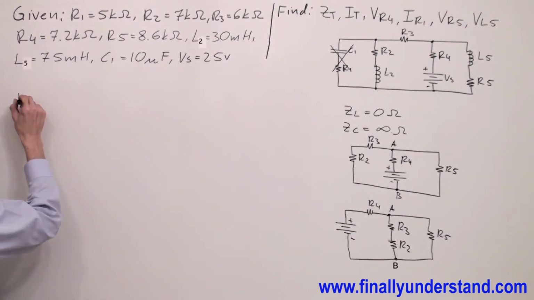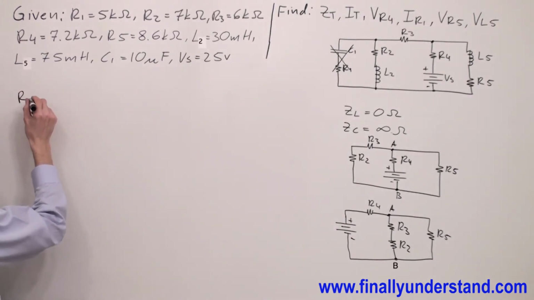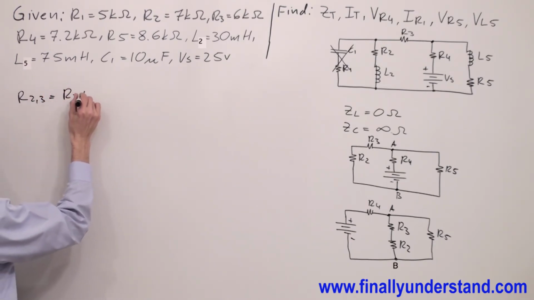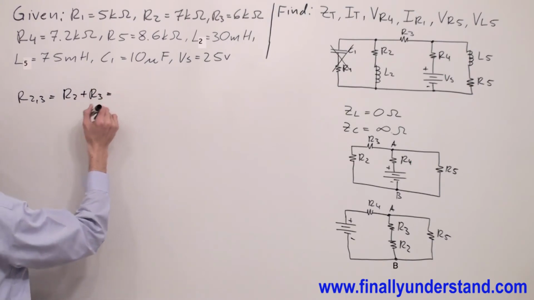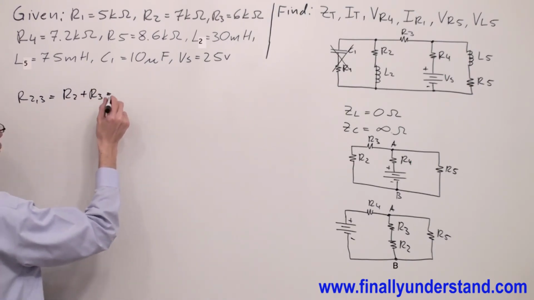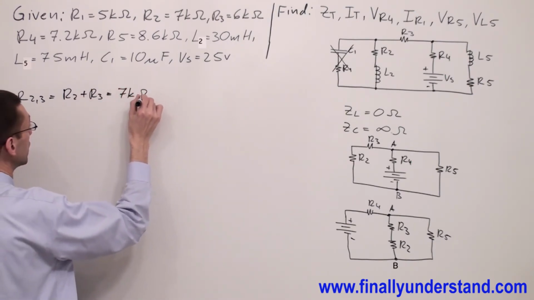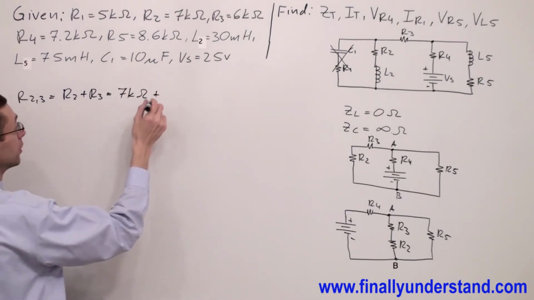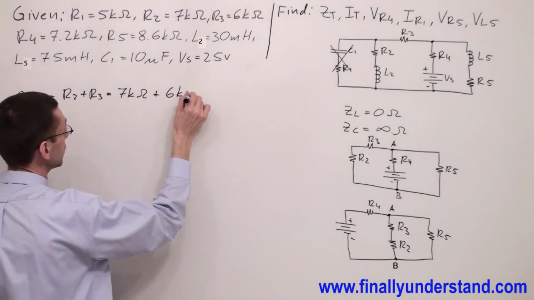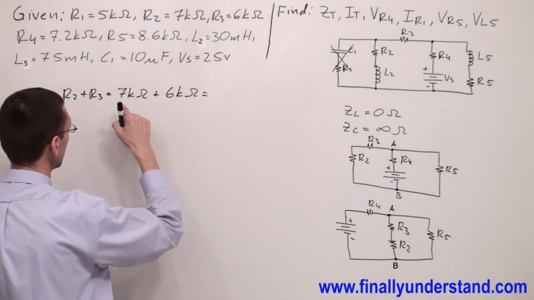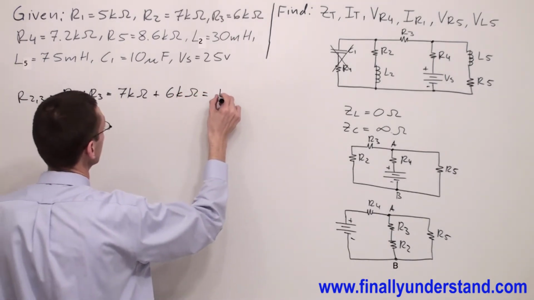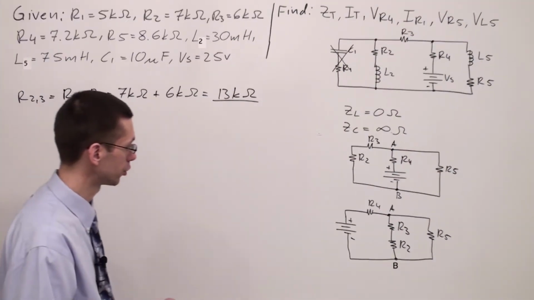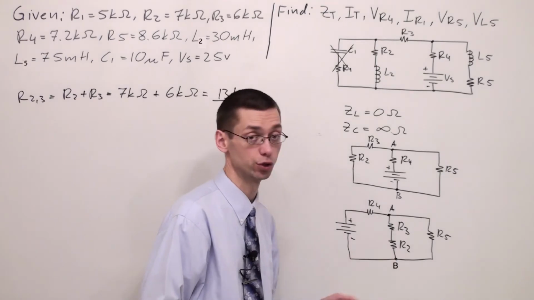So I have R23 equal to R2 plus R3, where R2 is equal to 7 kilo ohms plus R3 equals 6 kilo ohms. So this is equal to 13 kilo ohms.